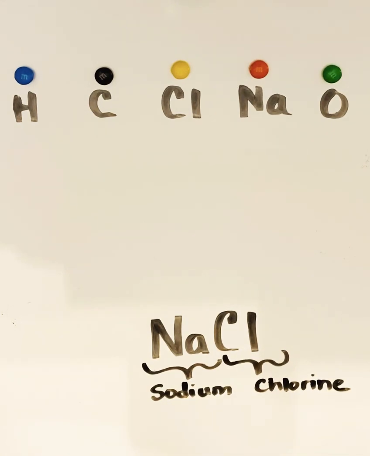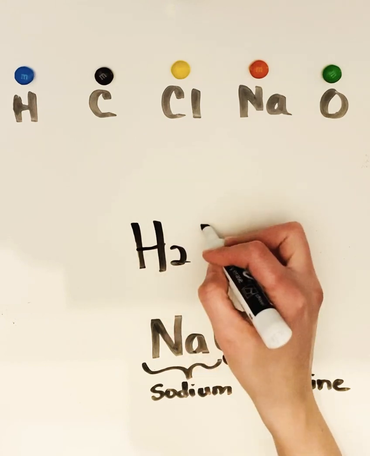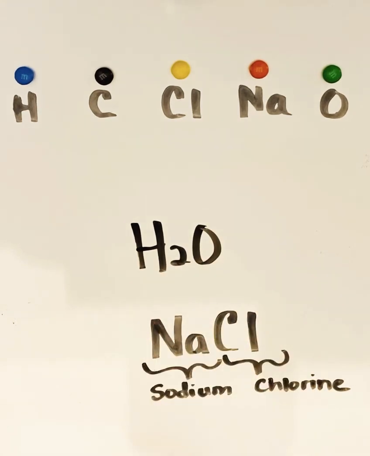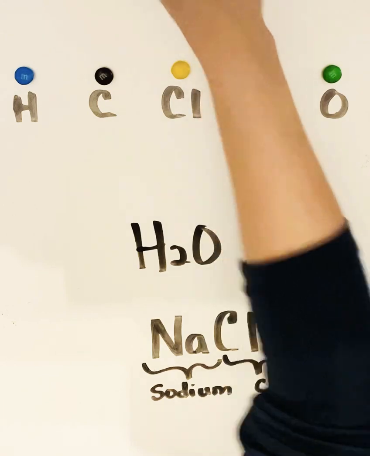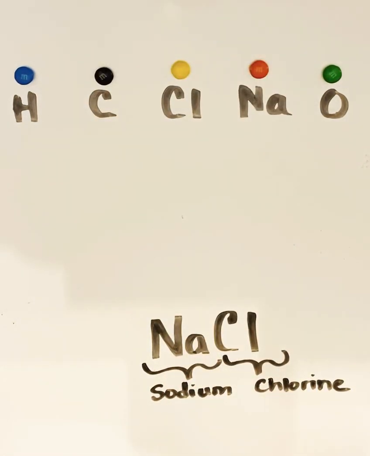So one way you can discern whether it's 1 element or 2 elements or 3 elements that we're talking about is if it's 1 element, you'll have a capital letter with a lowercase letter next to it, as opposed to my H2O, where I have 2 capital letters to represent different elements. So here, sodium is capital N lowercase a, and chlorine is capital C lowercase l. That looks like an I, so it can be kind of confusing. But this is sodium chloride, which is regular table salt.